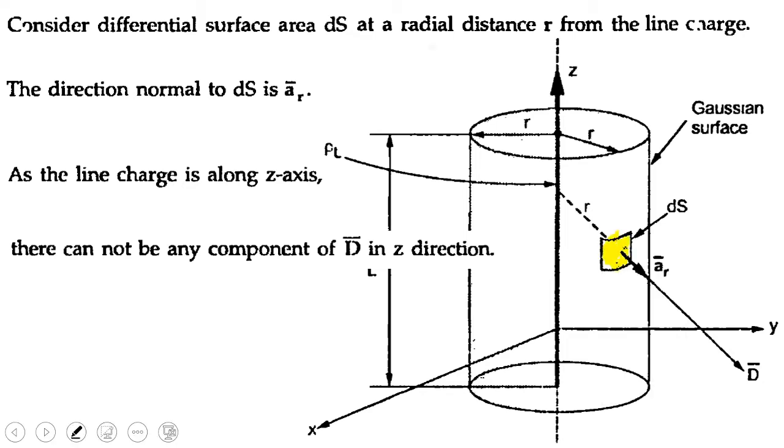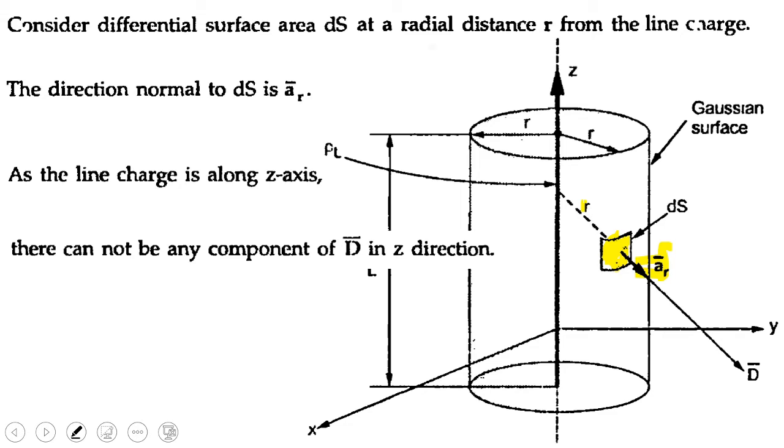In the Gaussian surface, we are taking the differential surface. The radius will be r, and this is normal to the a_r vector. So the small differential surface dS is normal to the a_r vector.